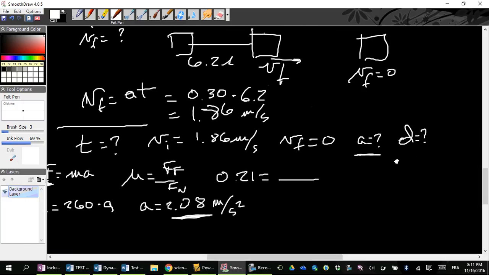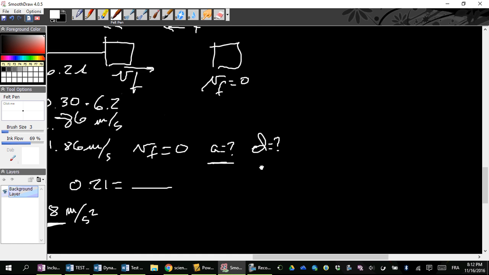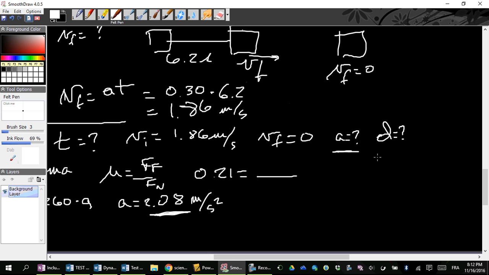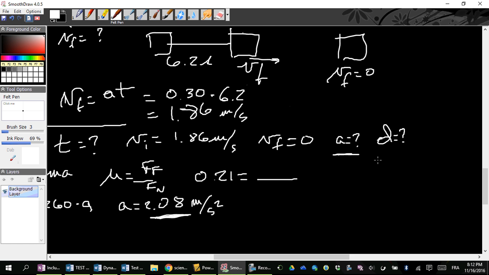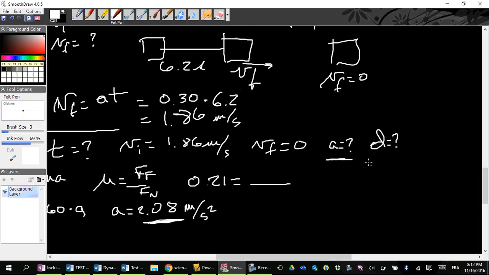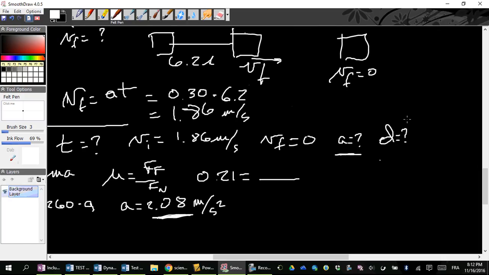My board is full. To the side. Looking for T. I know A. This here is this value. I don't have D. So I go in my formulae. Don't have D. Equation 2. Looking for time. I know A. I know VI. I know VF. That's beautiful. Okay, so equation 2.